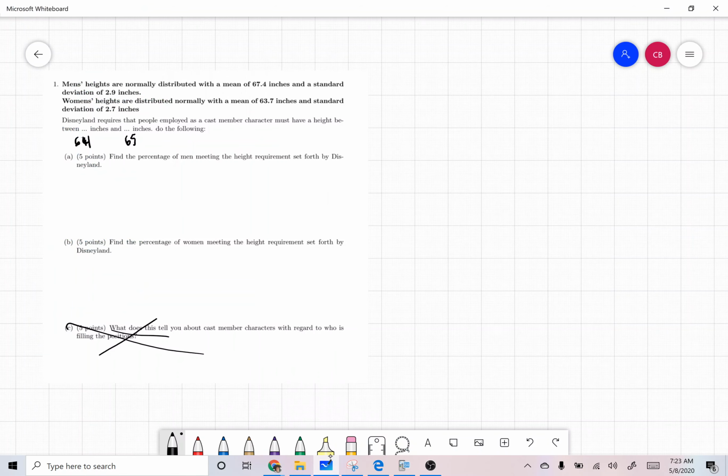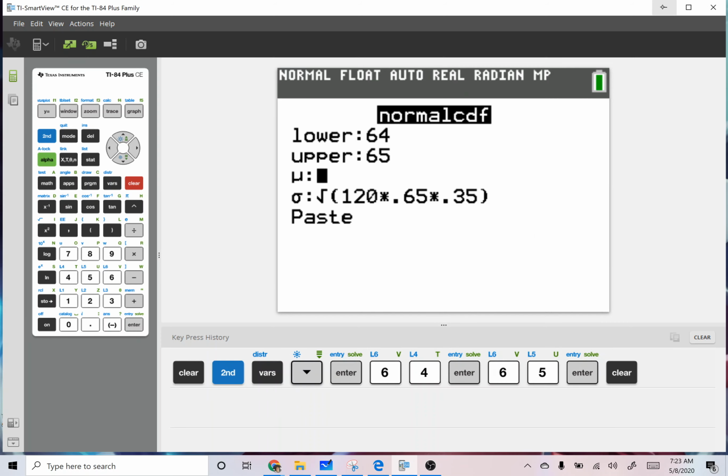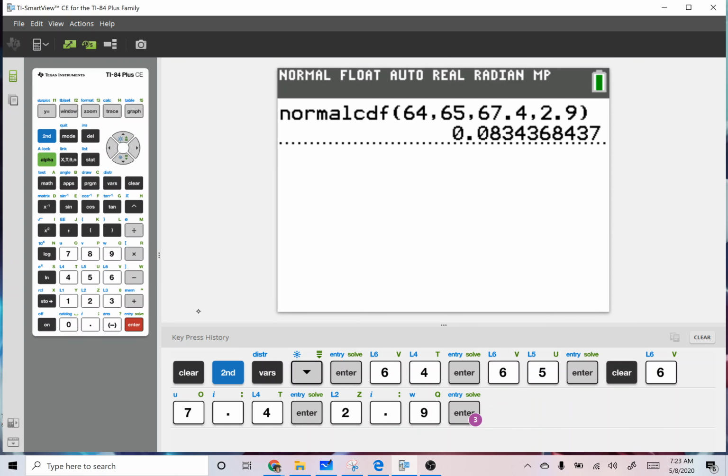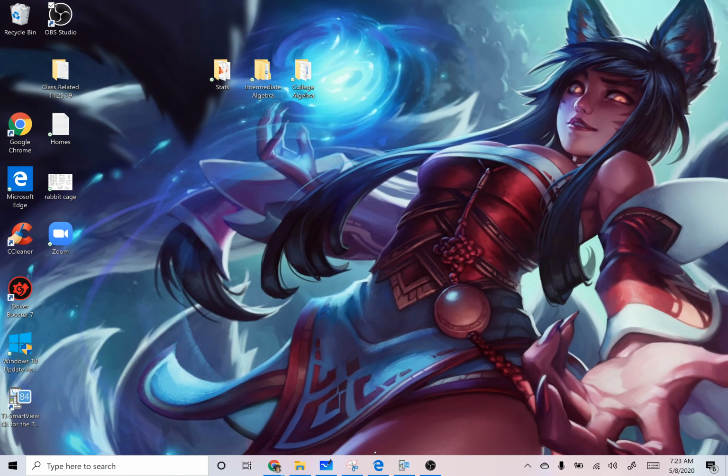The men's height is 67.4. The standard deviation is 2.9. The result is 0.0834.